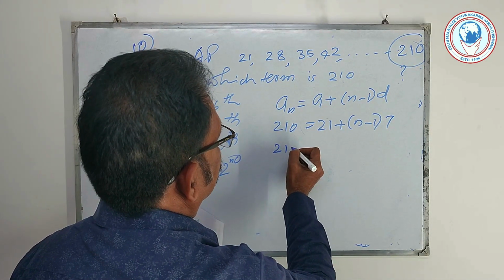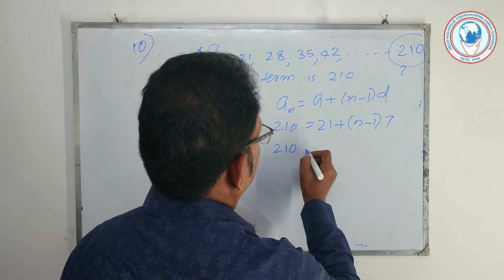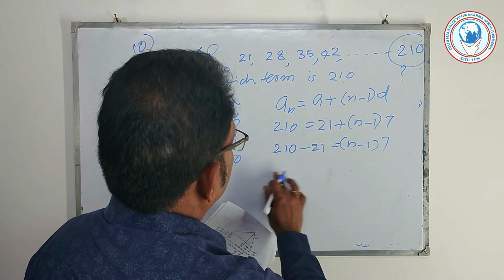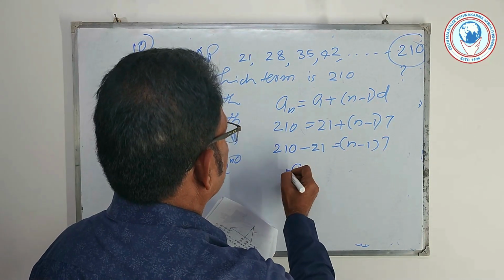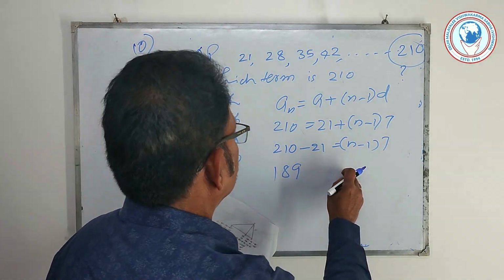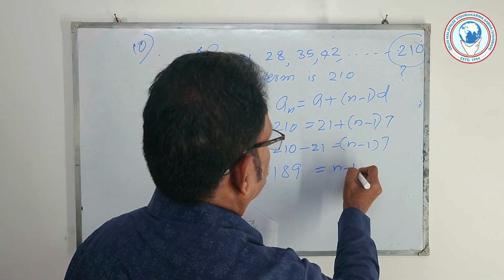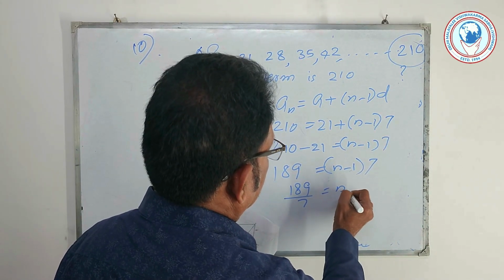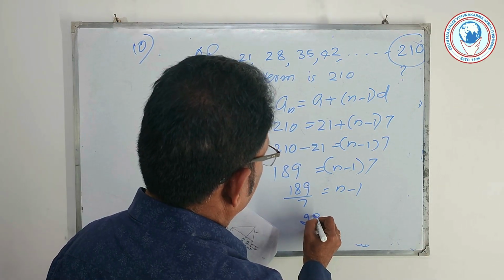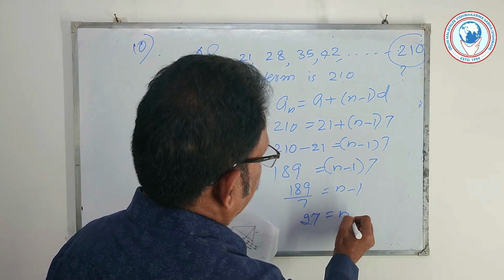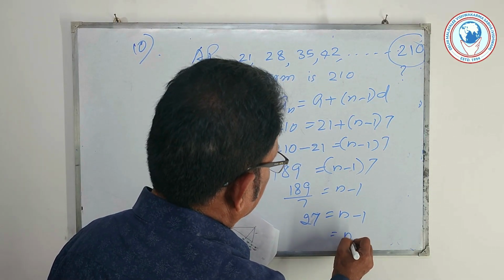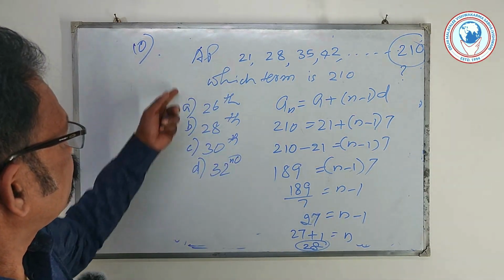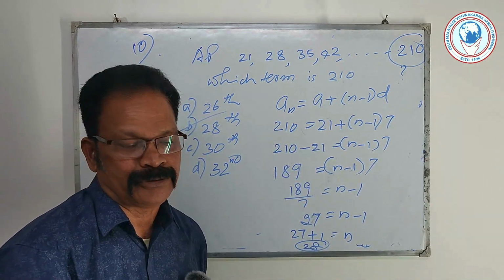That is 210 minus 21 is equal to n minus 1 into 7. 27 is equal to n minus 1, so n is equal to 27 plus 1, 28. So the correct option is B, 28th term.